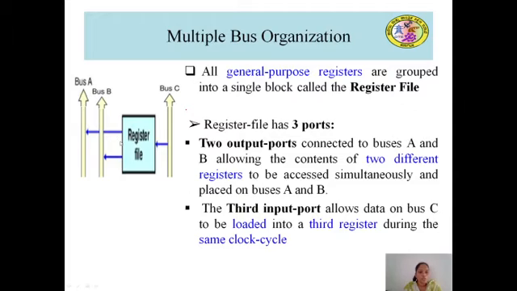The two output ports are connected to bus A and bus B in order to access the contents of two different registers simultaneously and place them over bus A and bus B. The third, input port allows data to be transferred from bus C to any register in the register file in the same clock cycle.